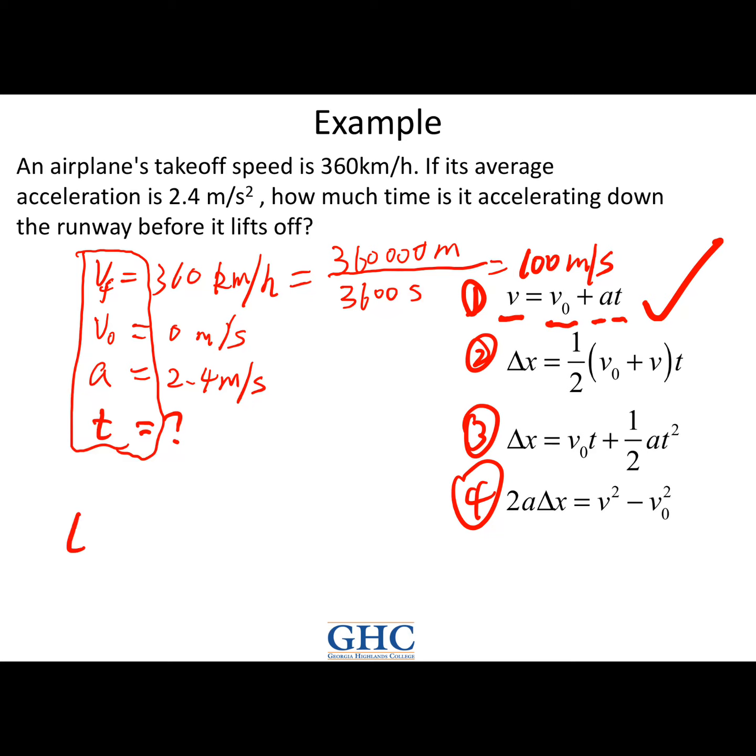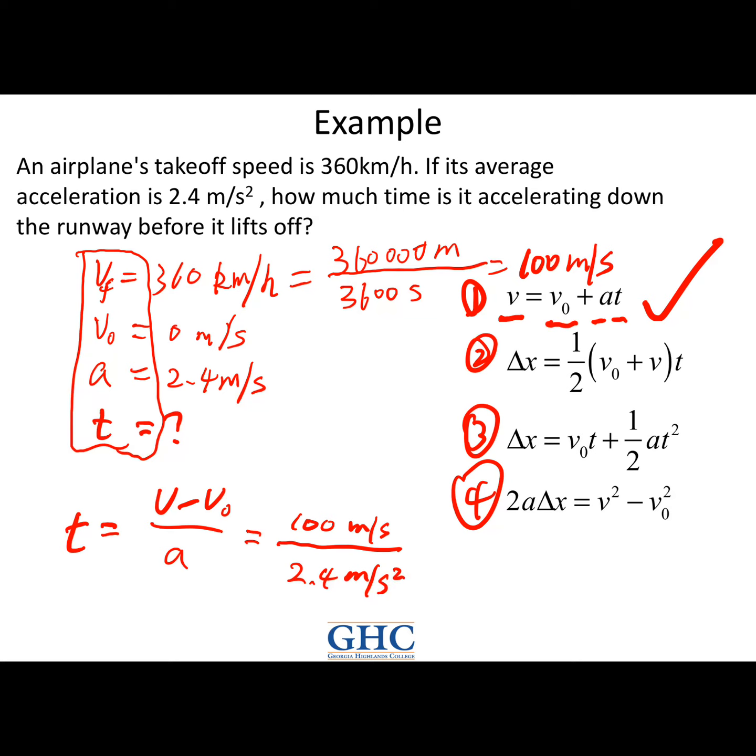From equation 1, time should be final velocity subtract initial velocity over a, which is 100 meters per second over 2.4 meters per second squared.